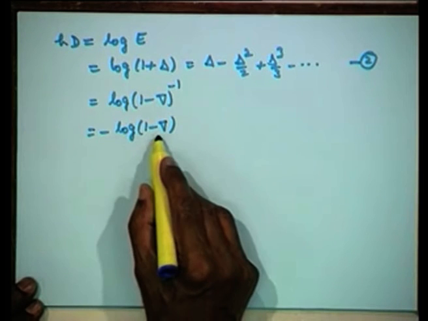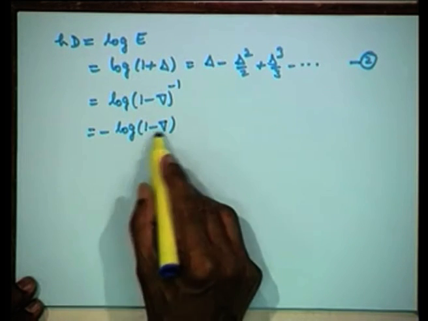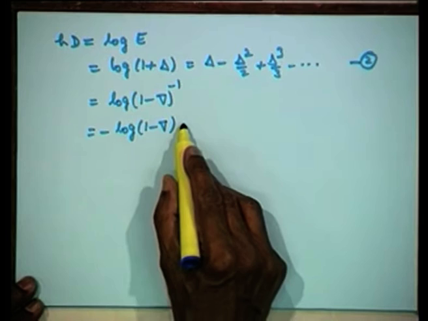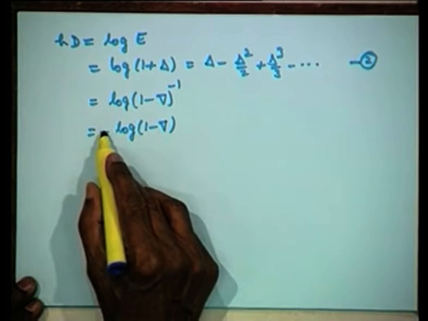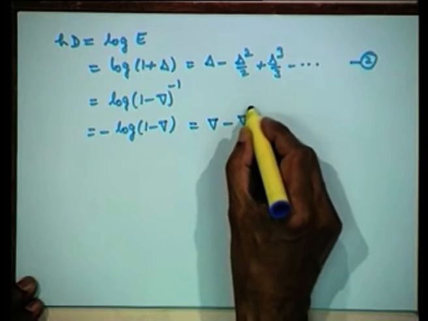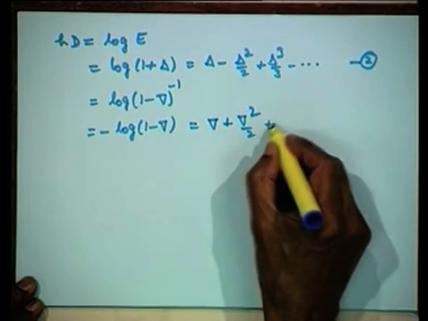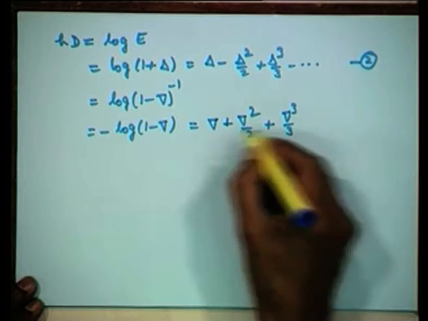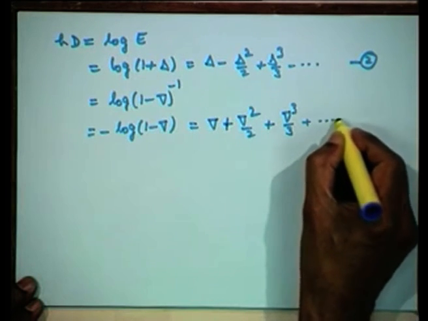Now, let us expand this logarithm. This will be minus delta square by 2 and there is a minus sign outside. Therefore, all of them would be positive, delta square by 2 plus delta cubed by 3 plus so on.